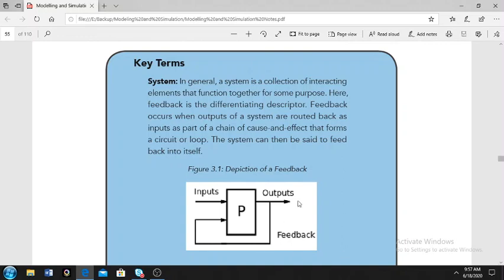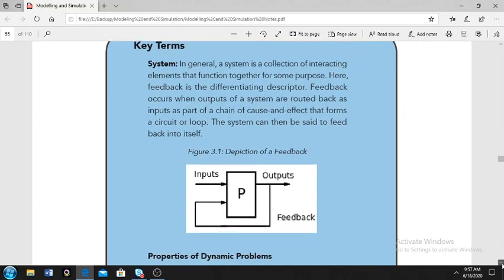So you can see here, what is feedback? We have an input, and then the input is processed to give an output. A feedback is when an output branches back to be an input.